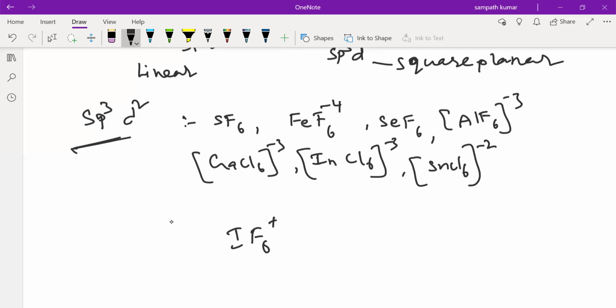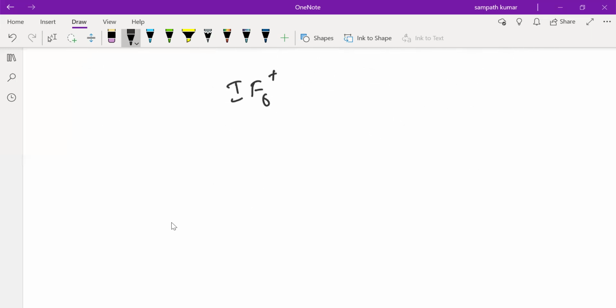IF5: what is the geometry? Sir, this one also is sp3d2 hybridization.